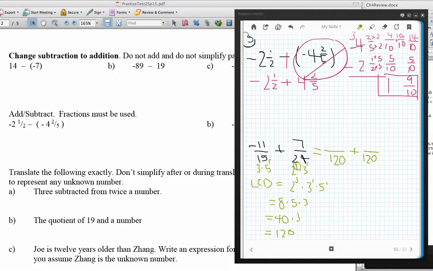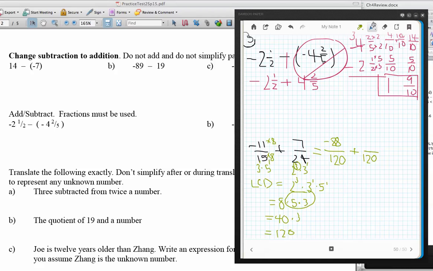And so I ask myself, 15 times what gives me 120? Well, 15 times 8 is what gives me 120. And so 11 times 8 is 88, and I don't want to forget that that's a negative number. Now 24 times what gives me 120?